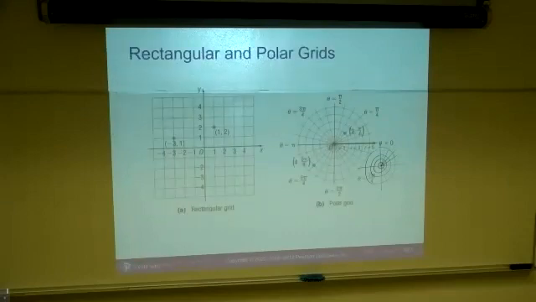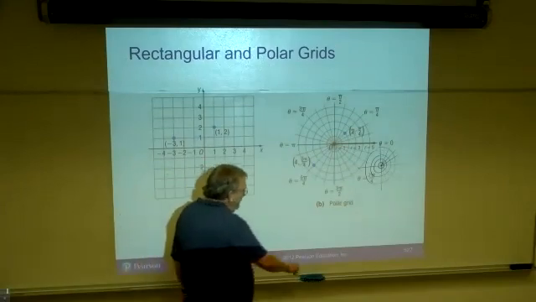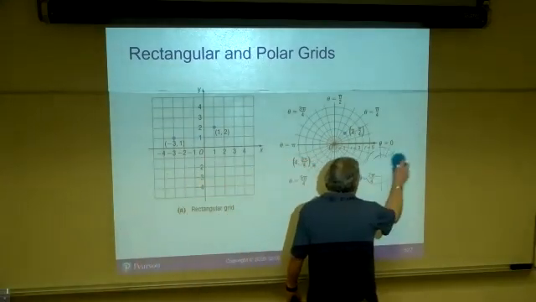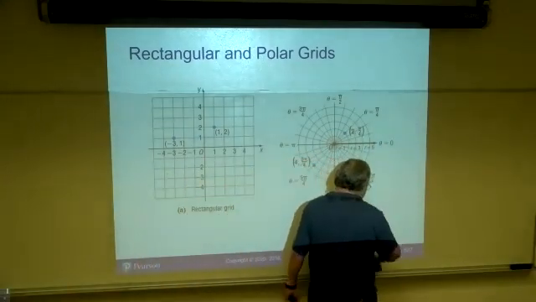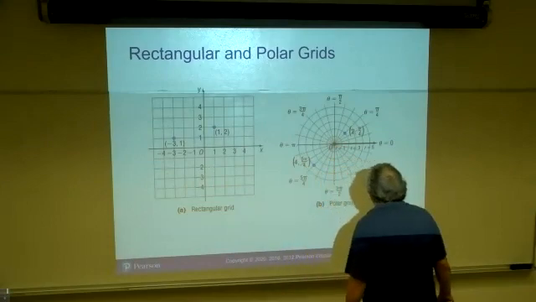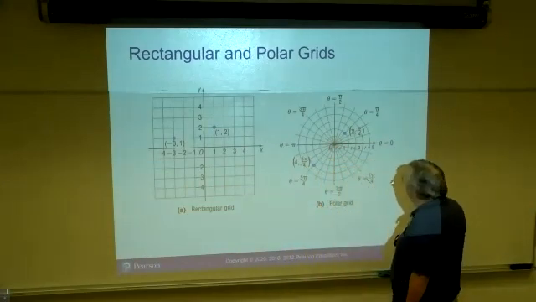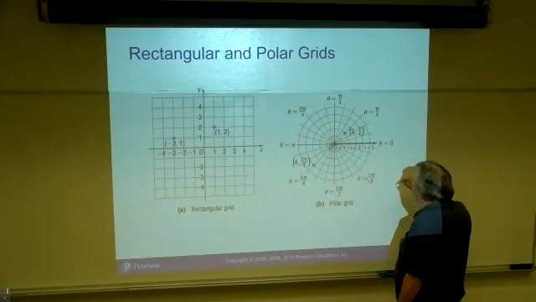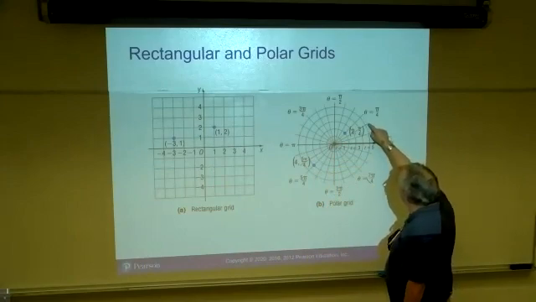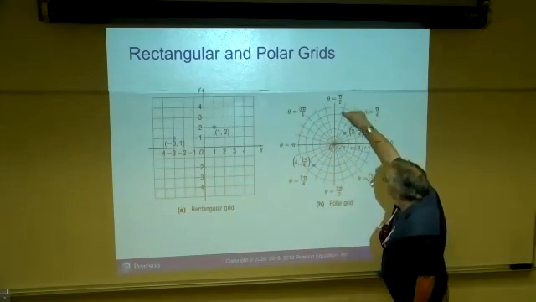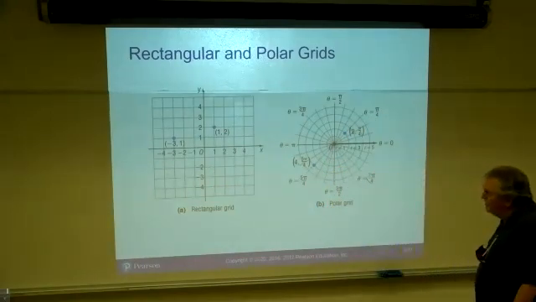So we have a rectangular grid and then we have the polar grid. Notice they divided this up into 15-degree angles. Each one of these is pi/12 apart, which is 15 degrees.